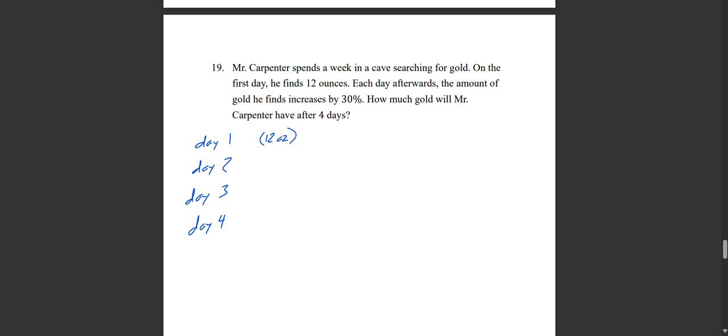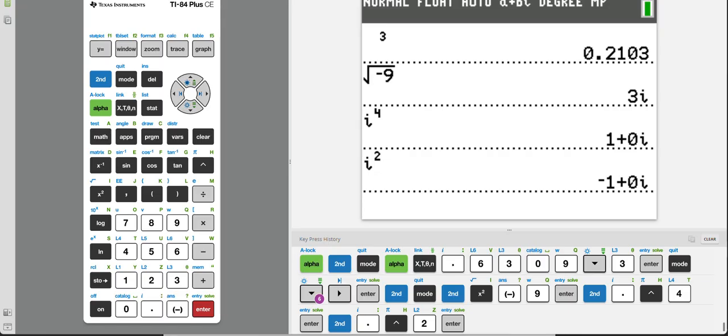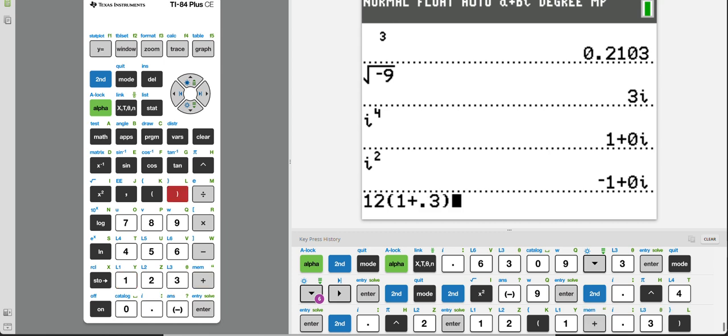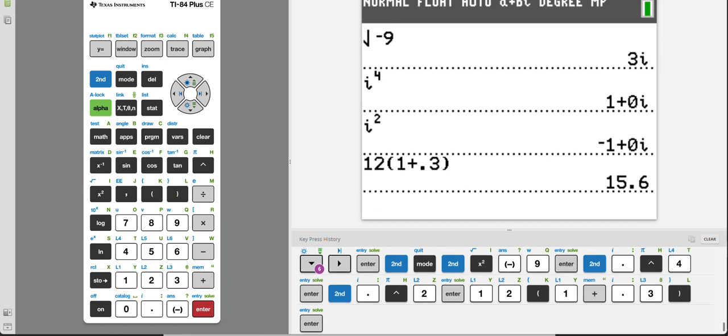Okay. Day 2, I find 30% more gold. So 12 times, and if I'm going to increase by 30%, that's growth, so 1 plus the rate of growth, so 1 plus 0.3. So let's see, 12 times 1 plus 0.3, 15.6.